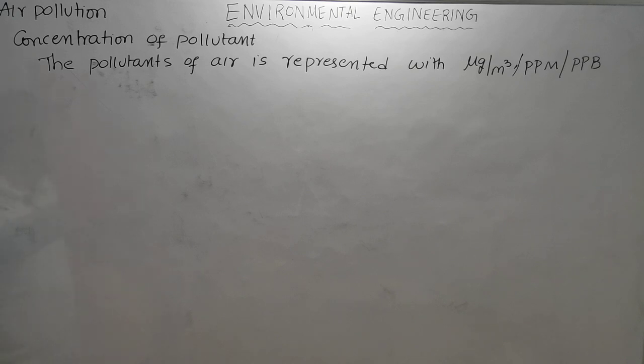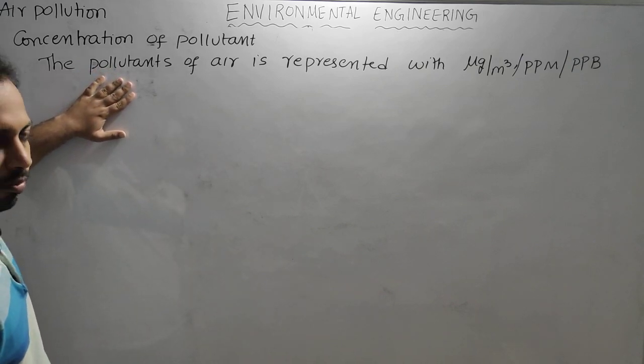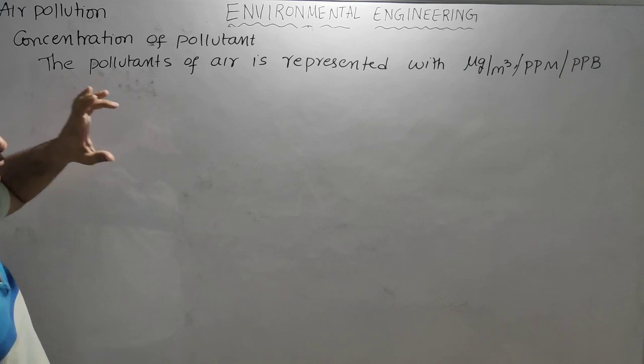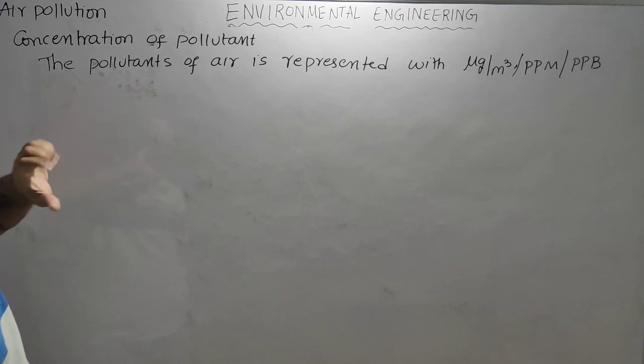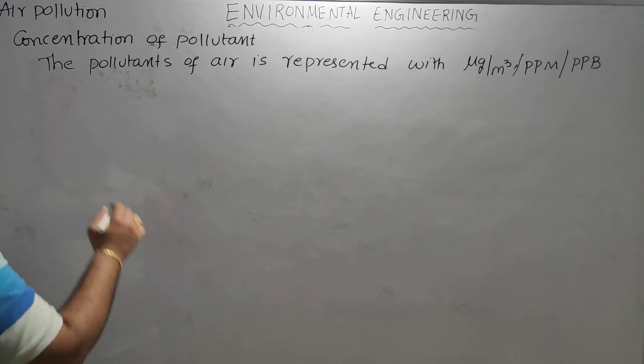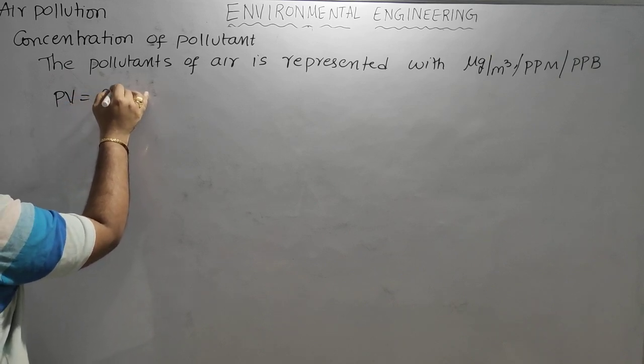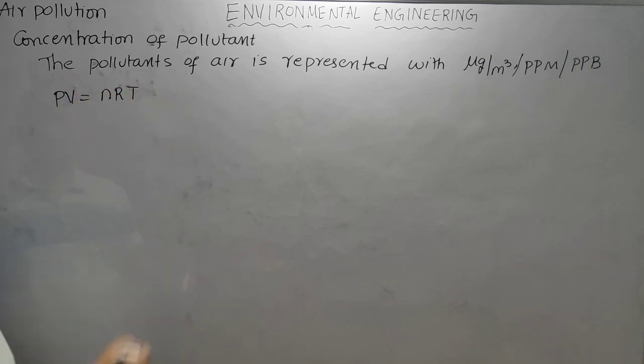For these kinds of air pollutants, we use an important equation, the universal gas law. The universal gas law states that PV is equal to nRT. You might have heard this from your schooling itself.